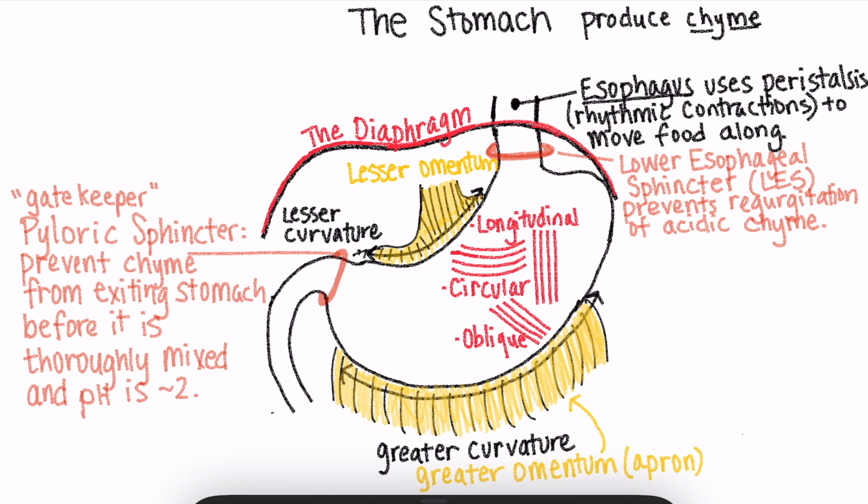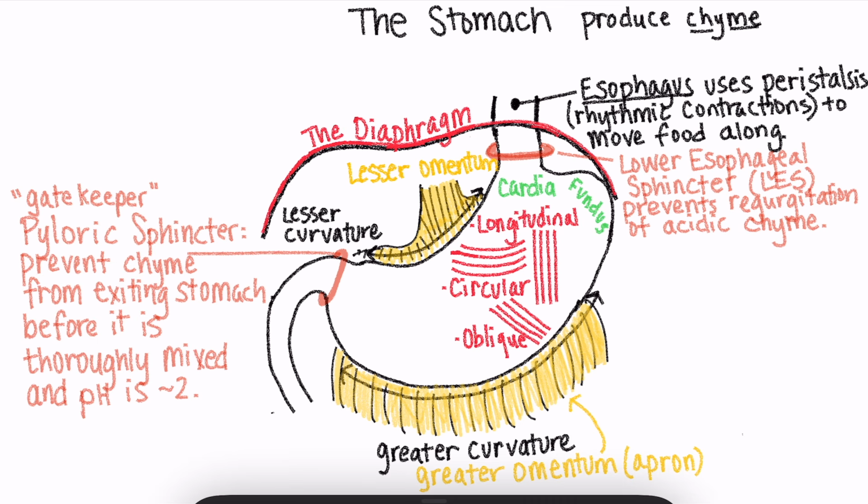Next, I'll name the different parts of the stomach. So the very entry point that's right near the heart is called the cardia of the stomach. And then there's a little part that actually, my picture doesn't show this very well, but it's called the fundus. And this is the part of the stomach that protrudes above the opening, which I didn't really show very well in my picture, but the fundus goes up above the lower esophageal sphincter.